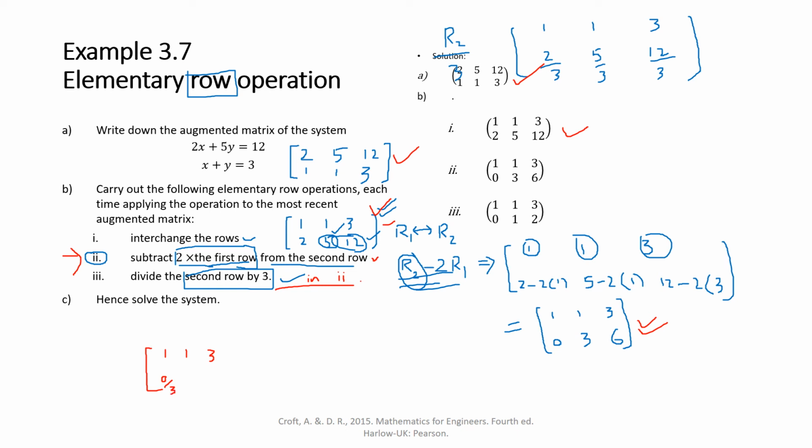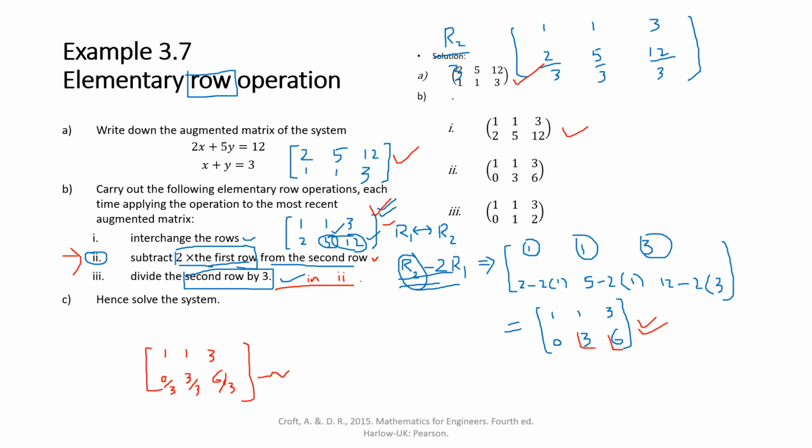Then the next is 3, so 3 divided by 3, and this is 6, then 6 divided by 3.